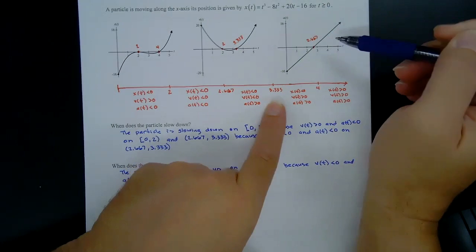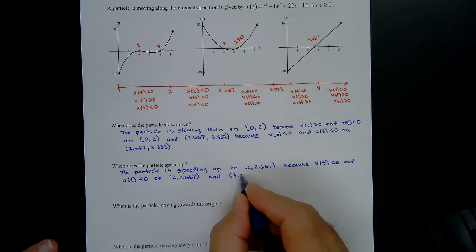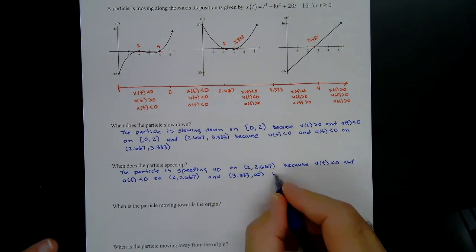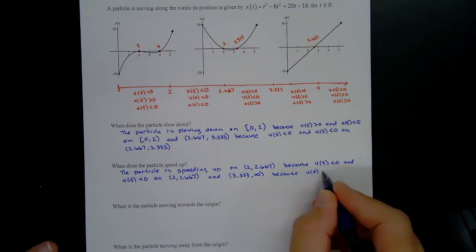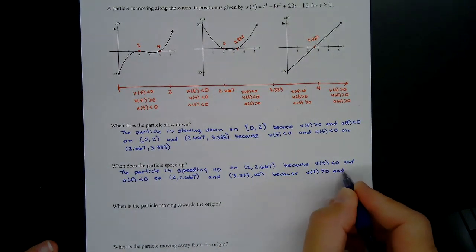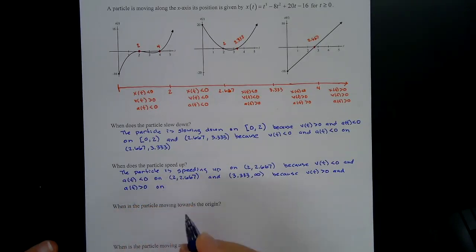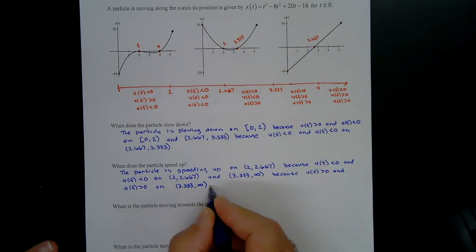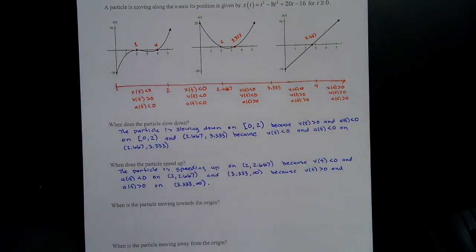So 3.333 to infinity, because v of t is greater than 0 and a of t is greater than 0 on the interval 3.333 comma infinity. All right, we have this 4 here because of position. That's why the 4 is there.